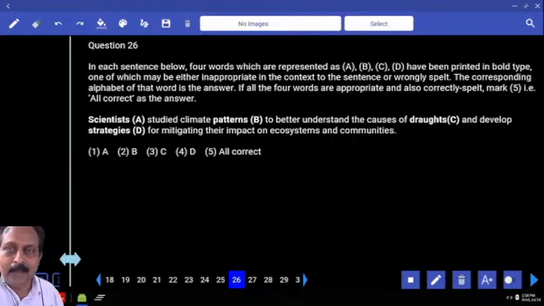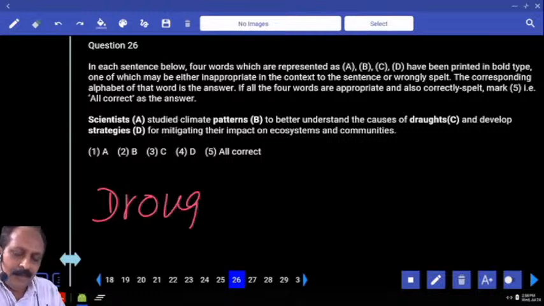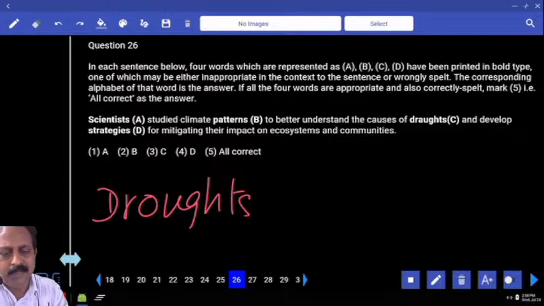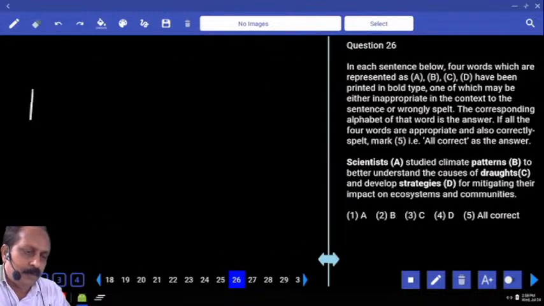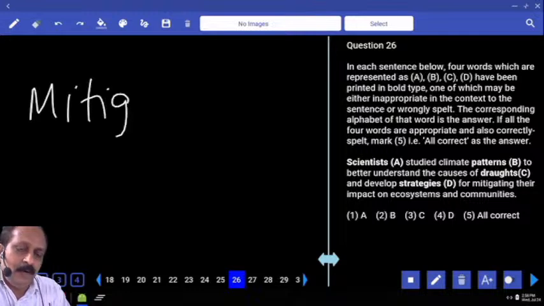Scientists studied climate patterns to better understand the causes of, what is the spelling of drought? DROUGHTS. Other words are easy. Underline the word mitigating. Mitigate means what? There are three words I usually give.